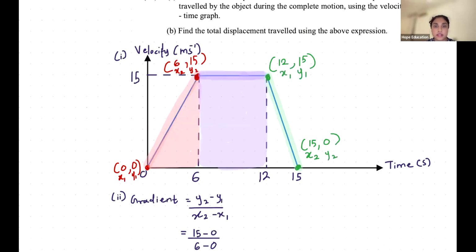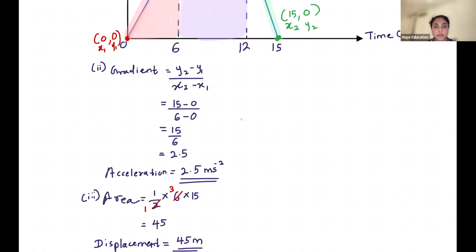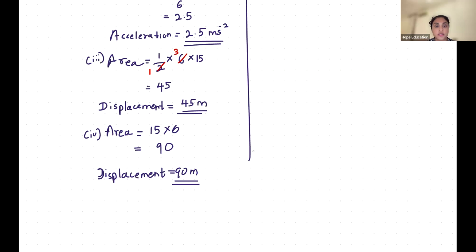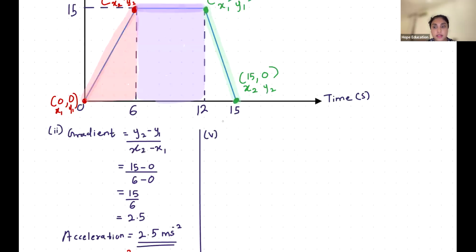Let's calculate the gradient. Gradient equals y2 minus y1 divided by x2 minus x1.